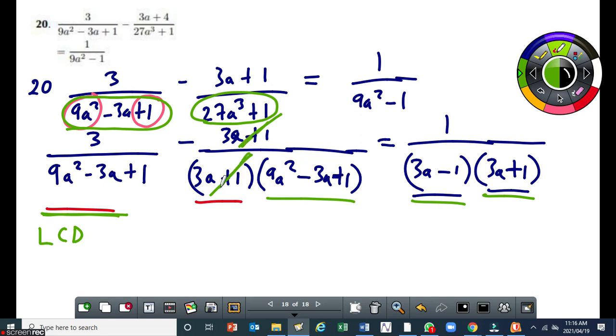Sir. Yes? For the second fraction, it's not 3a plus 1, it's 3a plus 4. The numerator is 3a plus 4. Oh, okay. I didn't see that. Sorry, 3a plus 4.